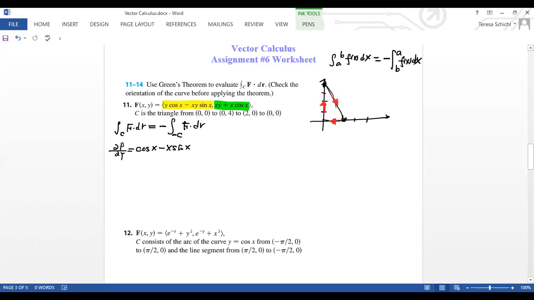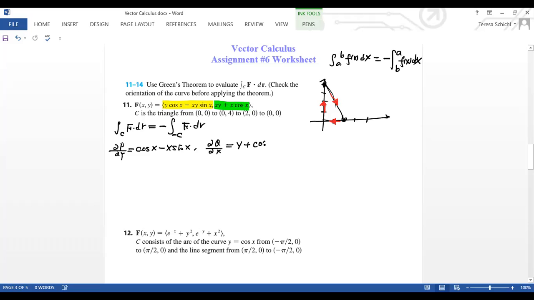Okay, so this is partial P. Now partial Q, partial x is here. Partial Q, partial x is y, right? So y plus partial x of Q, so it's x y, and this is a product rule.